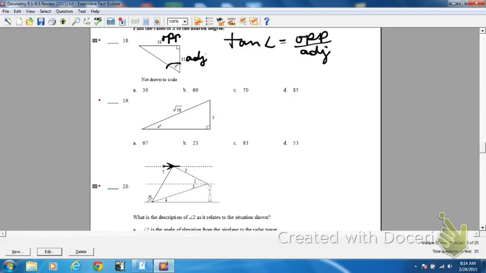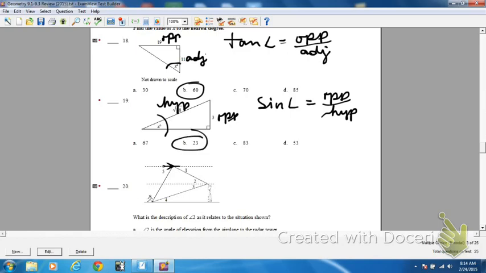So 18 is B, which is 60. 19, you have opposite and hypotenuse. So you're going to use the sine, which is opposite over hypotenuse. Again, when you solve for the angle, you have to use inverse sine. And 19 is 23.